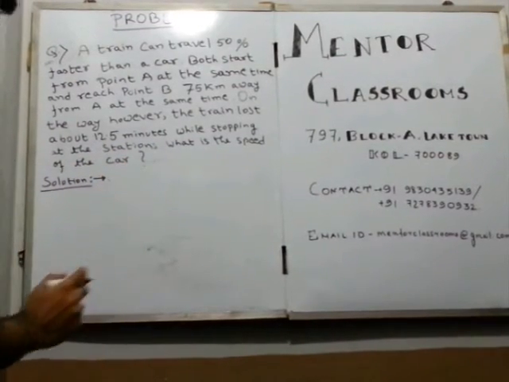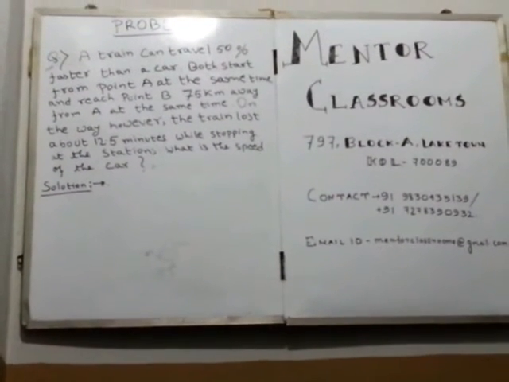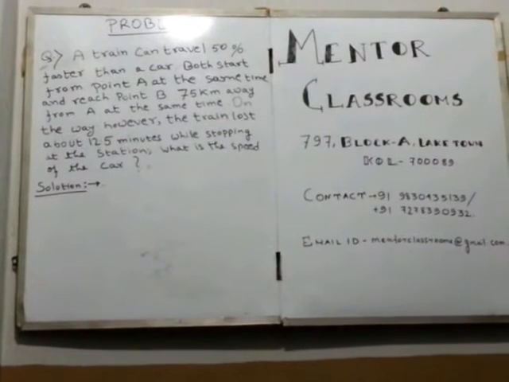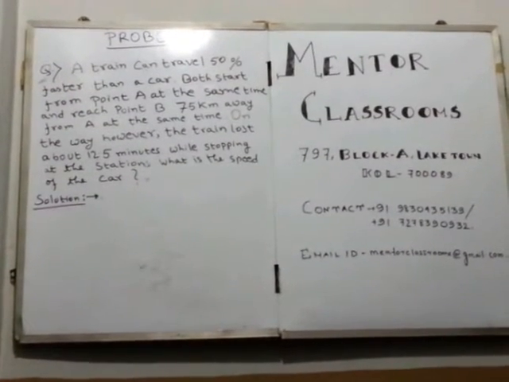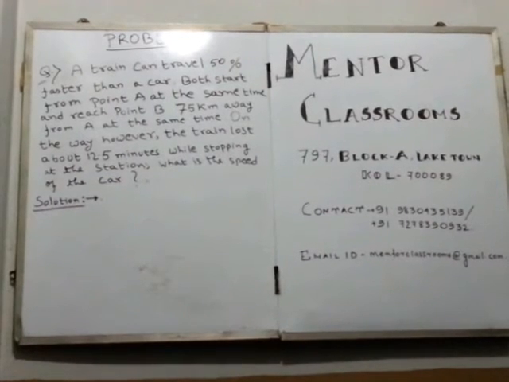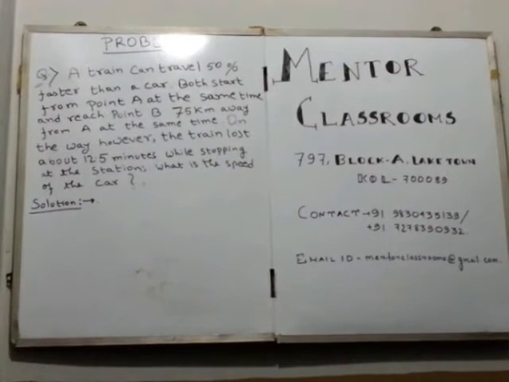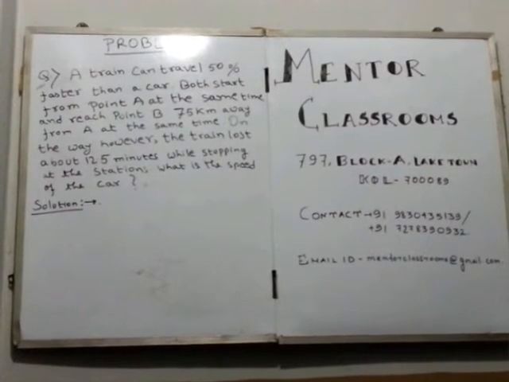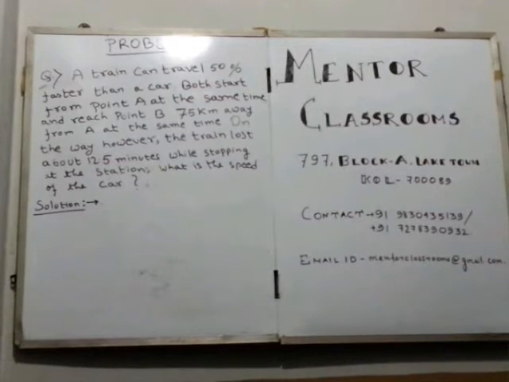What is the speed of the car? Now guys, if we analyze this problem, we get that if the train did not lose 12.5 minutes, then the train would have reached the point B 12.5 minutes earlier than the car, because the train speed is 50% more than that of car.